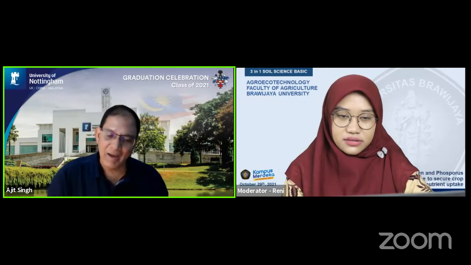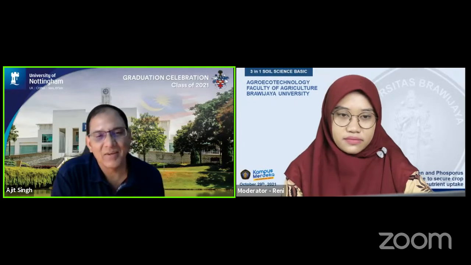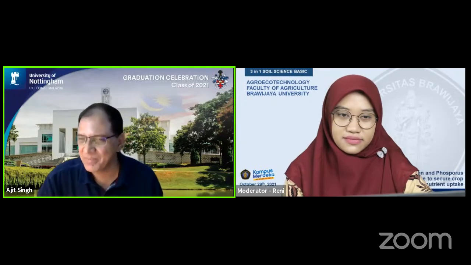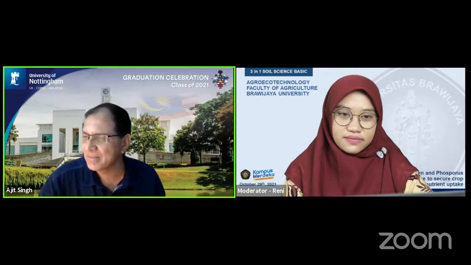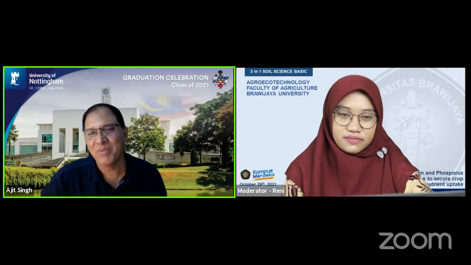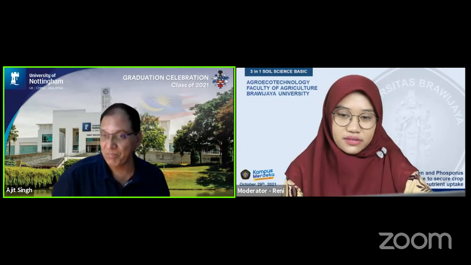If you take N into consideration, you can see from the slides that a lot of N is being lost, and I can see that people apply more than what is required. This is where IoT comes in. We need software where the farmer will be able to know this is my area, and this is the nutrient content in the soil. So based on the nutrient content, this is what I should apply.